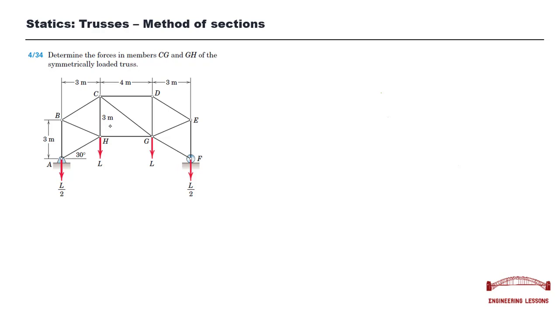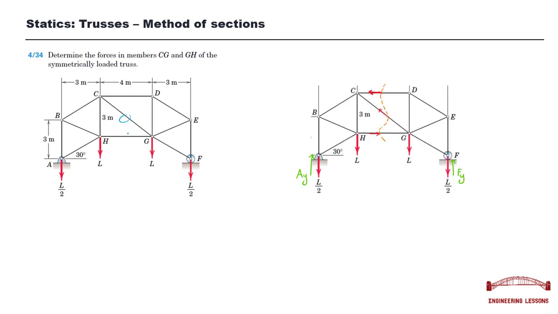In this question we are going to calculate the internal force of CG, this member, and GH, this member. So first of all, let's calculate our support reactions Ry and Fy. Already we know that Rx is equal to 0, since we don't have any external horizontal force acting on our structure.